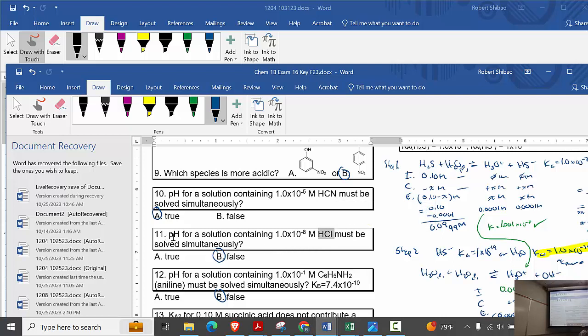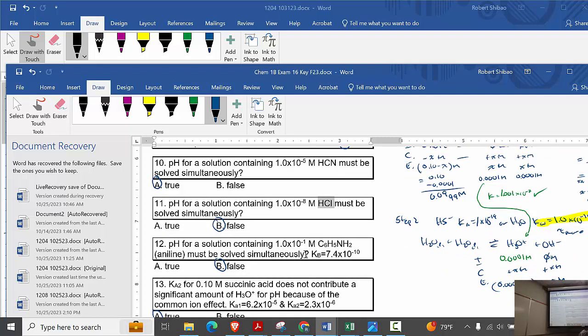Yeah. Okay. What about 12? This one was, you might have put down simultaneous because of the homework. 89A was HCN, 89B was this aniline, which is very weak.